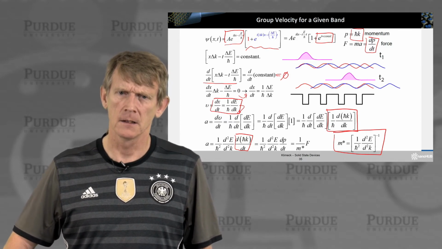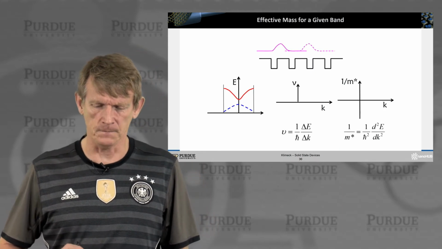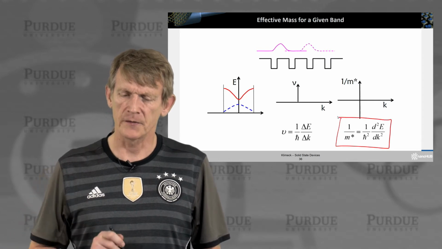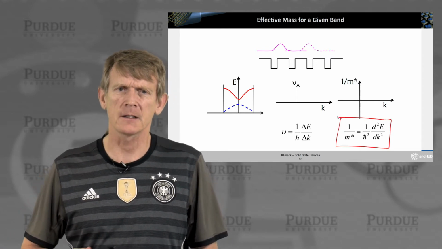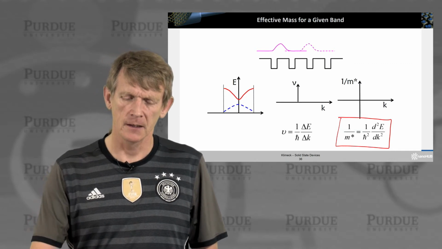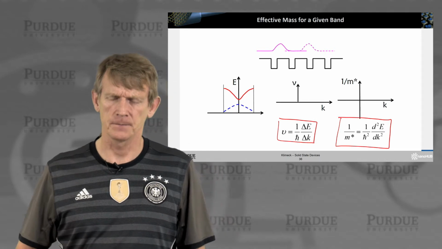All right. Now, we have this expression where we can define the effective mass of this particle or this wave package that is propagating at a certain velocity inside our bands.